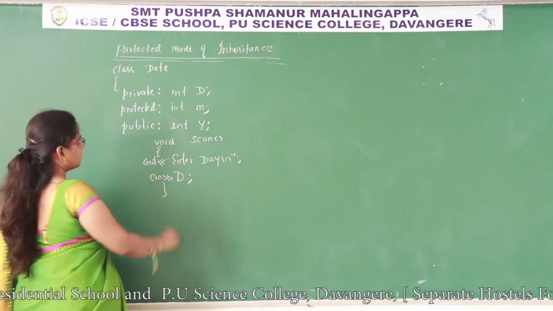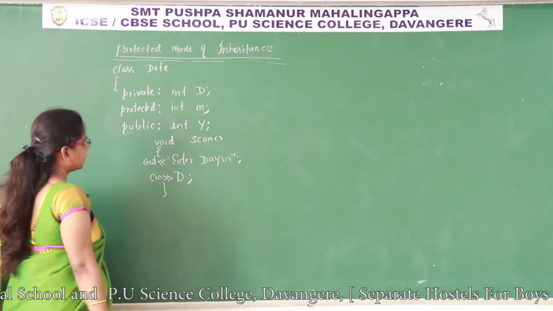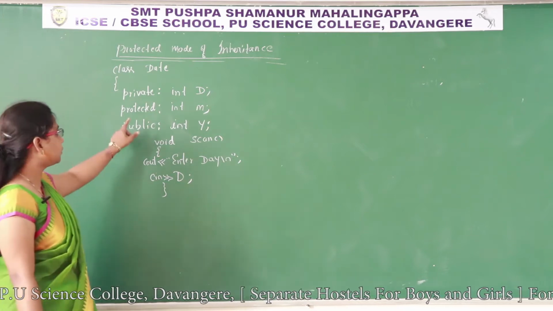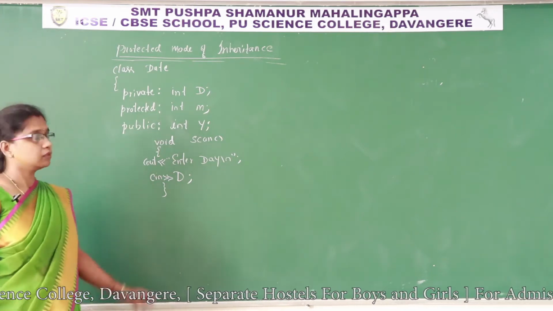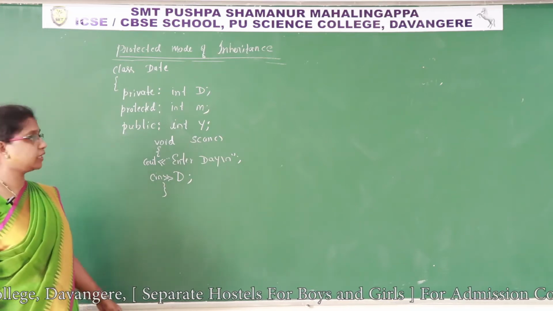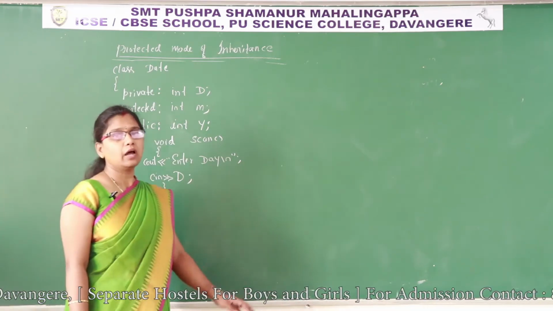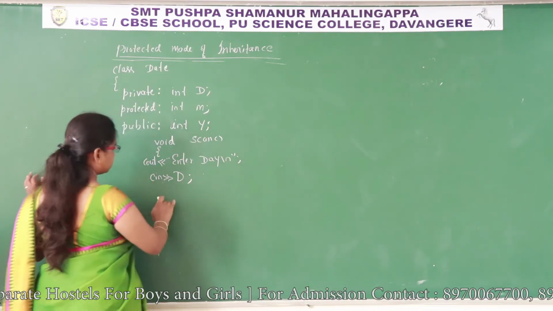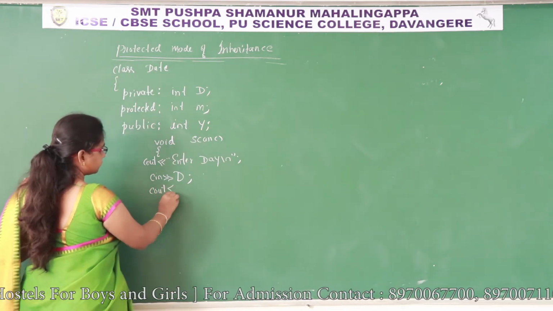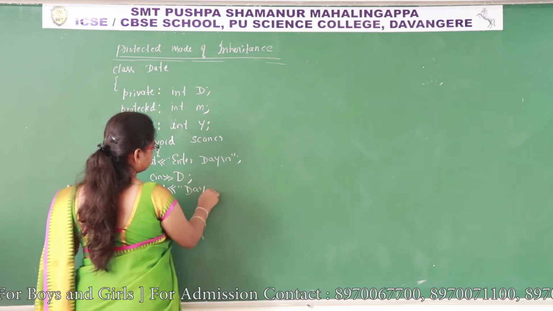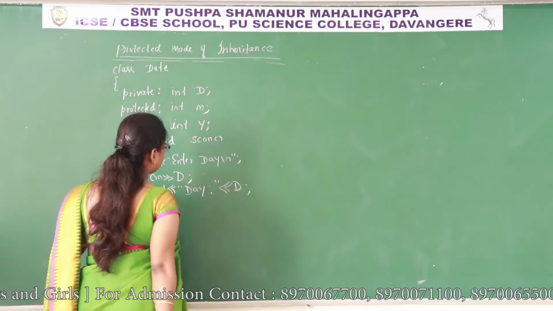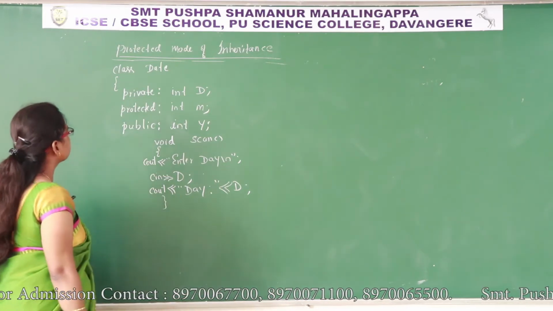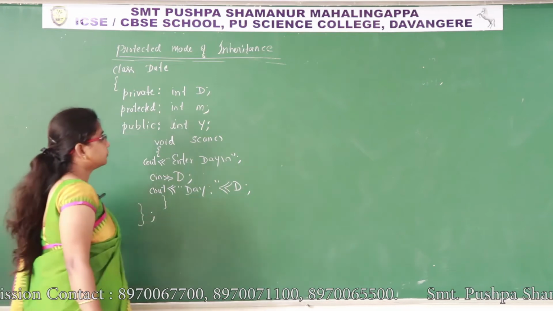Now next thing, month and Y, protected members and public members are inherited to the derived class. After inheritance, they will go to the protected section of the derived class. Here I will write display, cout day. Next class close.